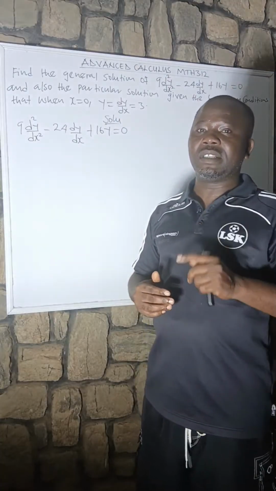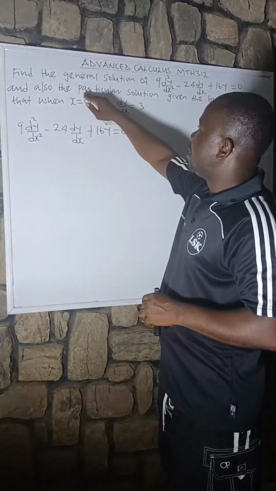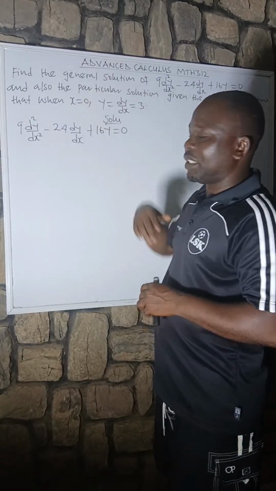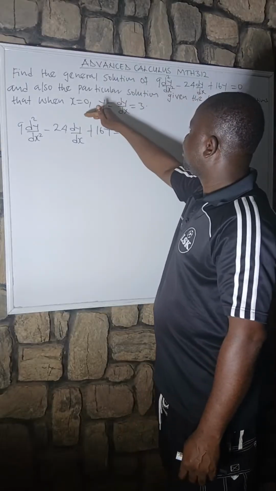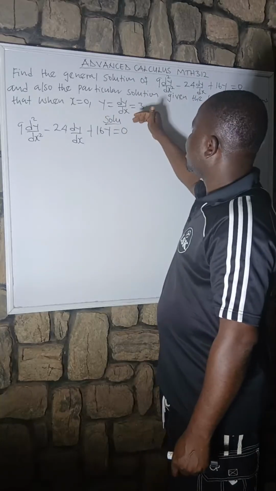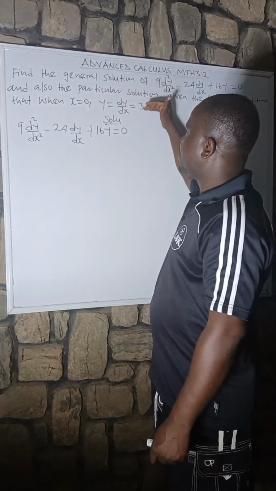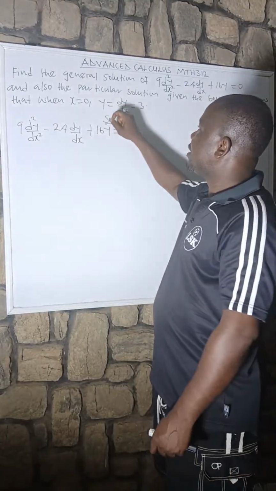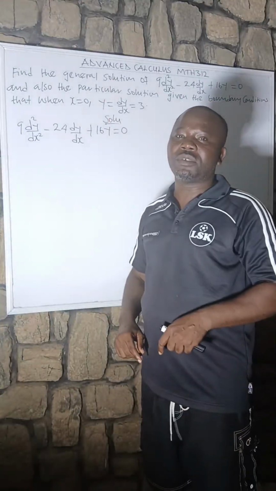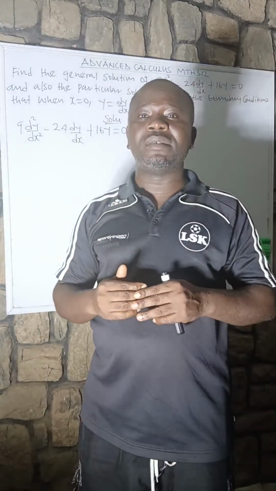Take note. But given here, we have been given boundary conditions. So it means we will obtain the particular solution using the general solution. So at first, we are going to consider the general solution.